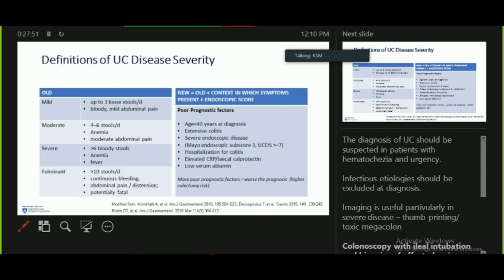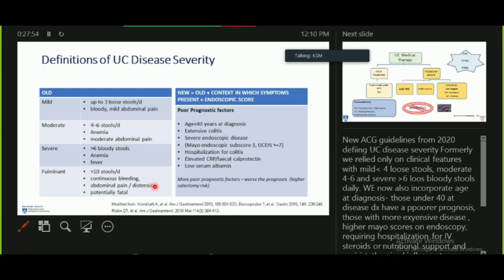So when we talk about disease severity, the old criteria just looked at clinical features. So they looked at the frequency of defecation and graded it as mild, moderate, and severe. But the new criteria, which came out in 2020, actually looks at other poorer prognostic features and helps us gauge treatment based on that.